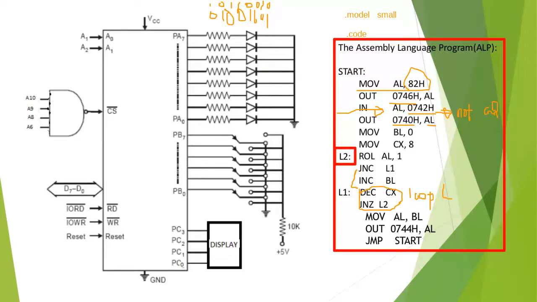Decrement CX and jump not 0 to L2, same thing. So that means 8 times it will continue, and if there is a 1, it will increment. So BL has the number of 1s.